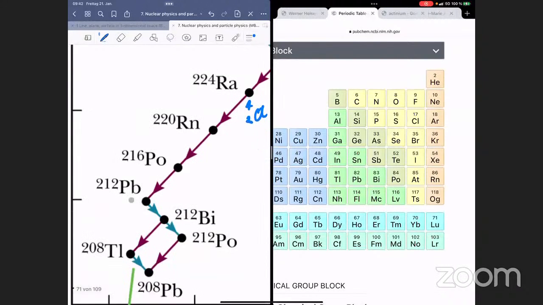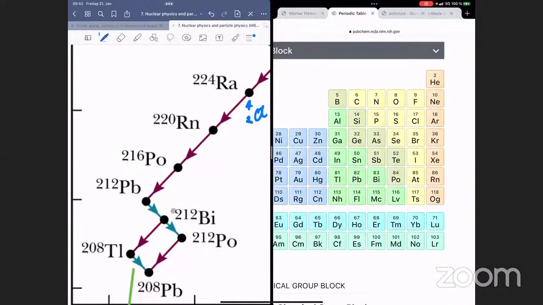One of the neutrons in the nucleus of lead 212 turns to be a proton. So we have 1 more proton inside the nucleus of the lead. Where is the lead? We now get 1 more proton. We have to go forward by 1, which corresponds to the element bismuth.